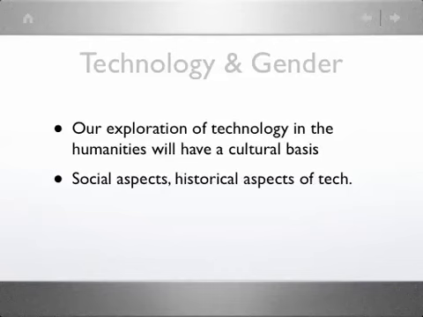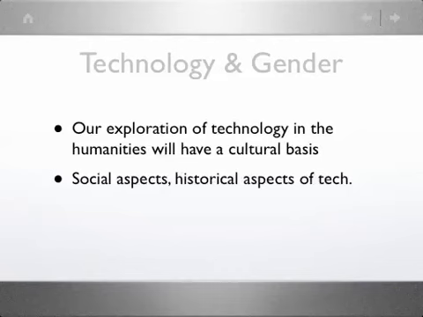our exploration of technology that we are going to be doing in this class in relationship to the humanities or through the filter or using the approach of the humanities is going to have a cultural basis as much as anything else. We're going to be studying social aspects of technology. We're going to be studying historical aspects of technology. And we're going to be studying some of the cultural aspects of technology.